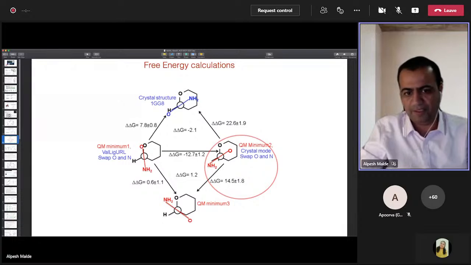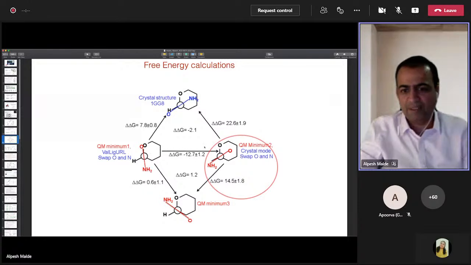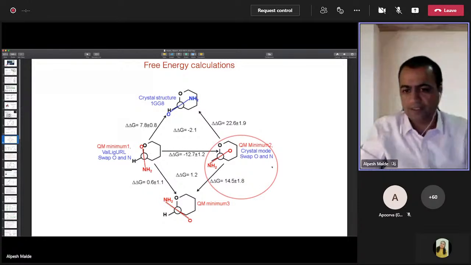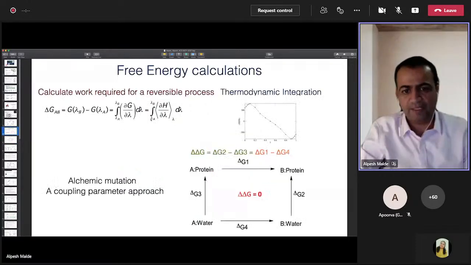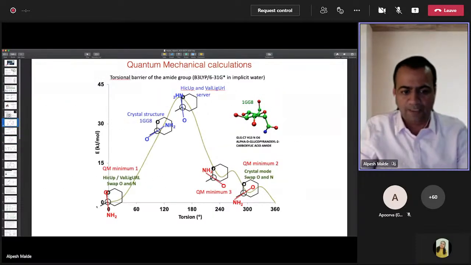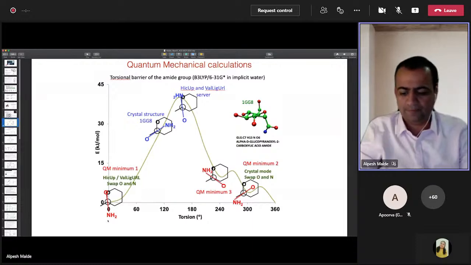Similarly, between QM minimum 1 and QM minimum 2, you see minus 12.7 kilojoules, which tells us that between this and this, this is the one favored when it is bound to the protein. Now you realize that when we were in the free state here, the lowest energy structure is this one.